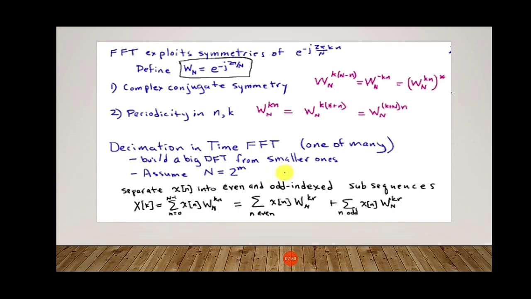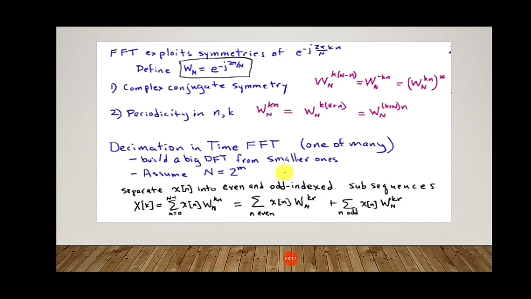It is built on the concept of breaking big DFTs into smaller ones. And here we have to assume N is equal to 2 to the power M always. In this algorithm, we have to take capital N is equal to 2 to the power M. M can be any integer.